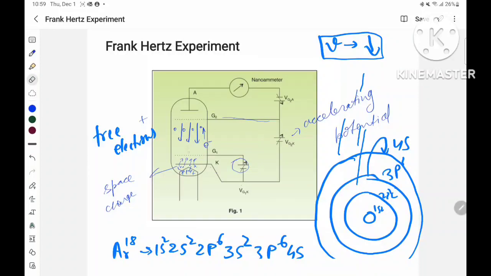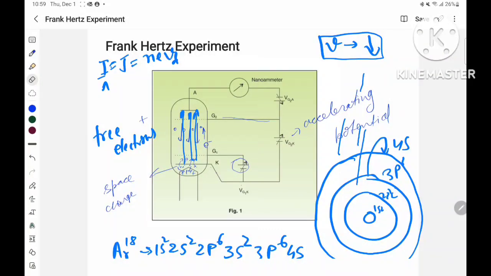So what happens? This electron will move all the way from the filament, pass through the cathode and reach the anode. This constant supply of electrons gives rise to a current. I by A is equal to J. Now this J is equal to what?